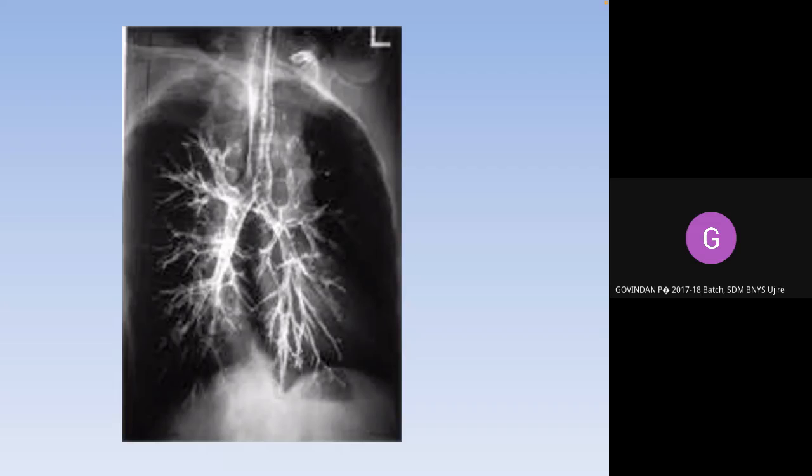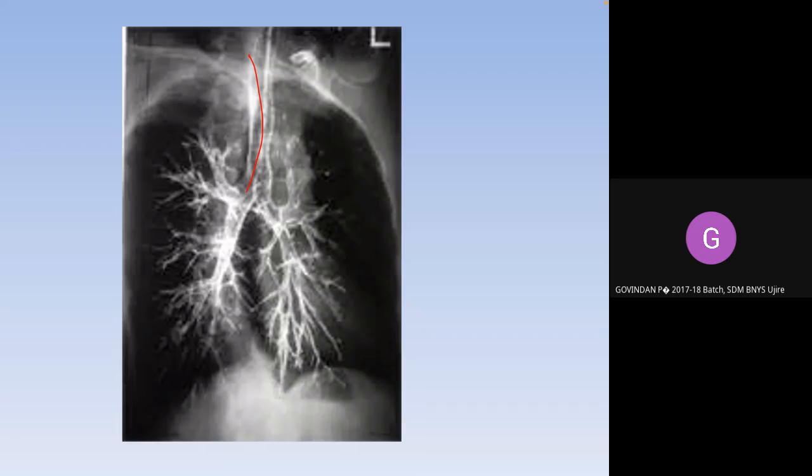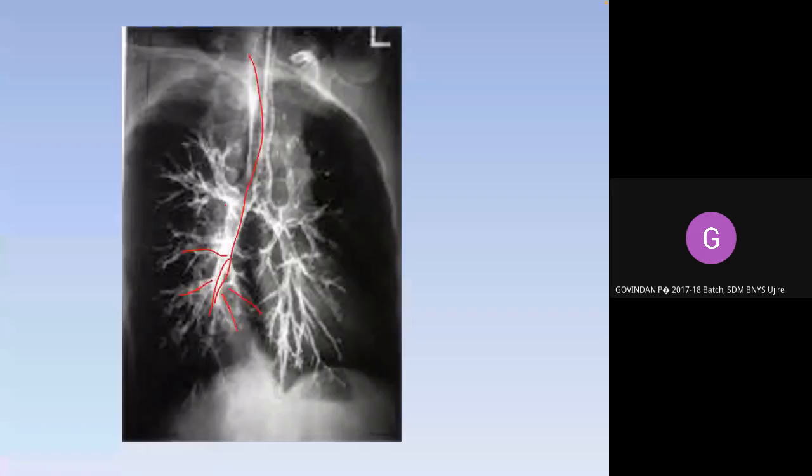This is a picture of the bronchial tree, which is normally this is how a normal contrast bronchogram will look like.